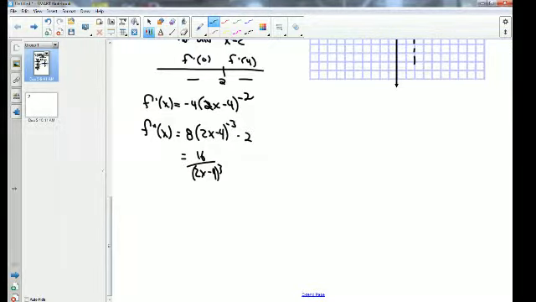Could that ever equal 0? No. But is there a place where it's not differentiable again? Yeah, x equals 2. So we do our sign analysis, same deal. We're in the second derivative now.